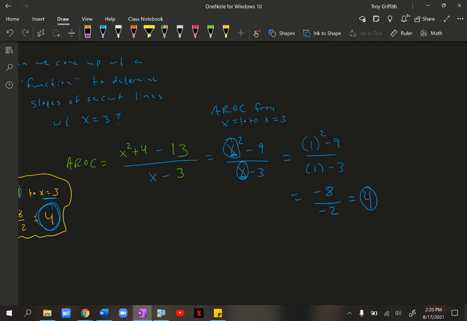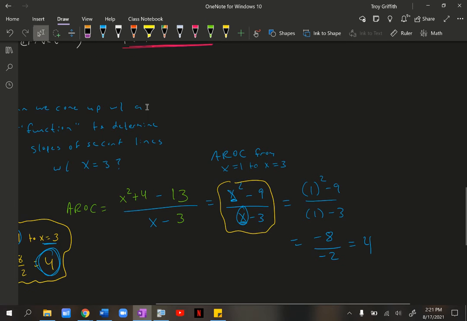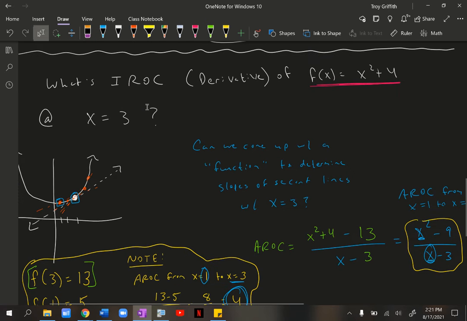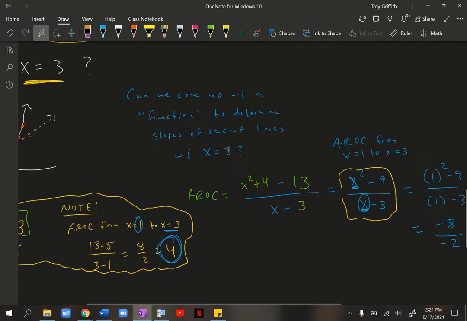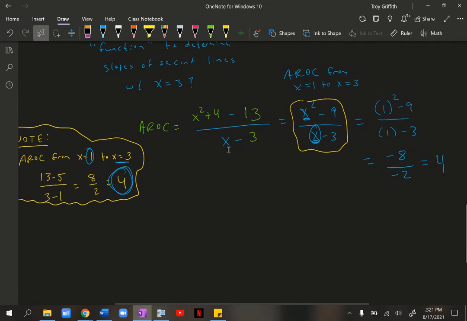Now, here's the thing. We have this function. I'm going to go ahead and circle this. Our goal of this problem was not just to come up with this function, though. It was to find the derivative of the function at x equals 3. And remember, the derivative is the instantaneous rate of change, or taking a bunch of points that are close to 3 and pushing them as close as possible to 3 to see if we start to see something happening with the slopes of those secant lines and see if they're converging upon a particular value.